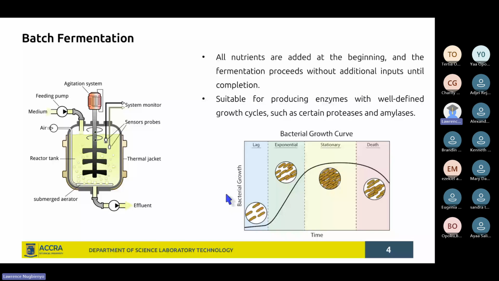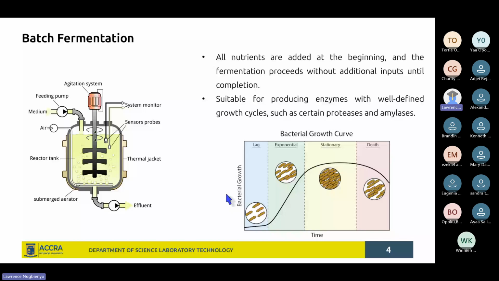And in batch fermentation, what it means is that you see the growth curve which you have always referred to in microbiology, where you have a lag stage of bacterial growth, exponential stage, stationary stage, and a death stage.